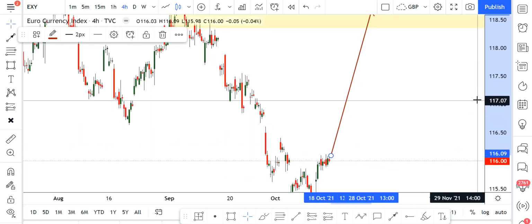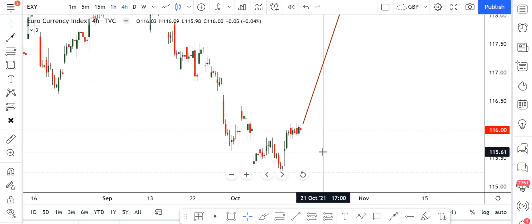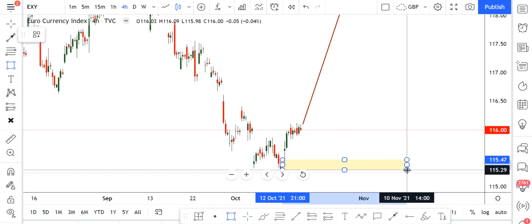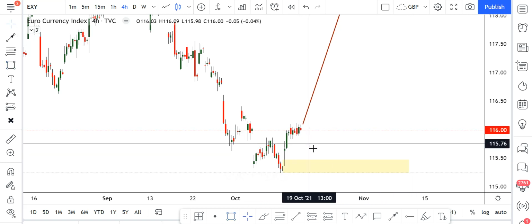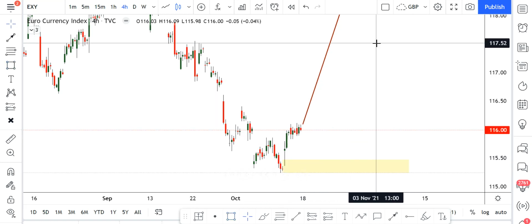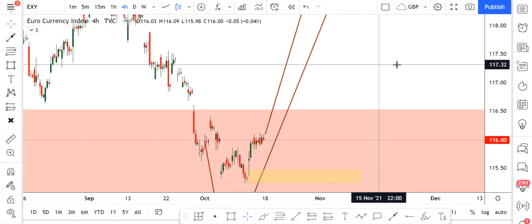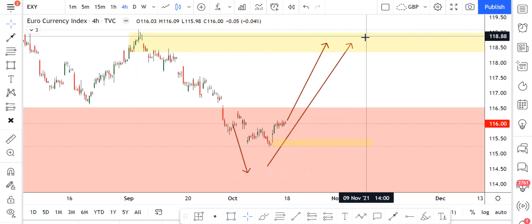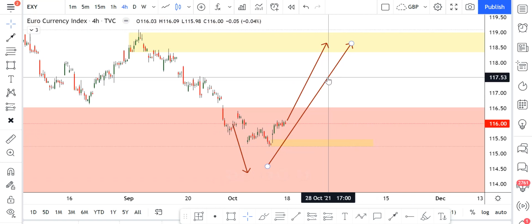So we can see that euro is beginning to gain some momentum to the upside. So if price gets to this demand zone for the euro index, then we should be expecting the currency strength of euro to move to the upside. That is very, very much possible.